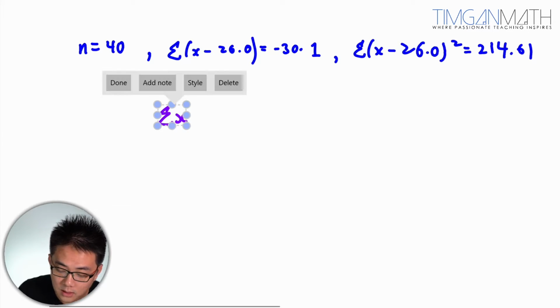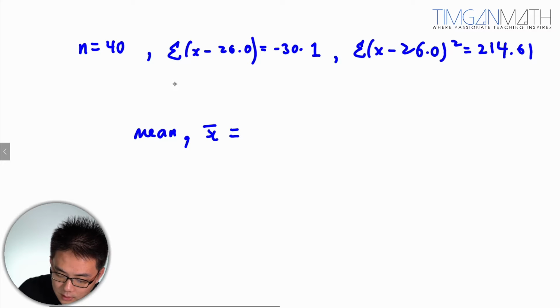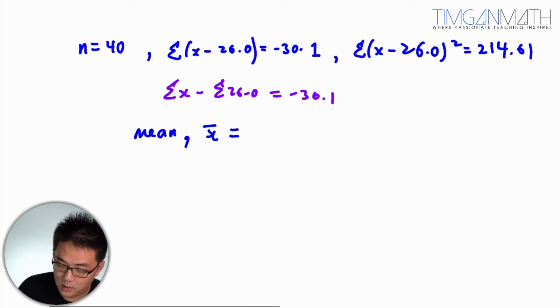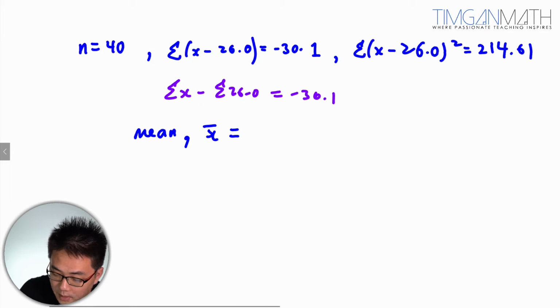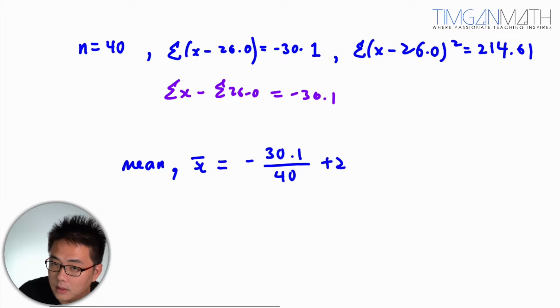So x bar will be negative 30.1 divided by 40 plus 26.